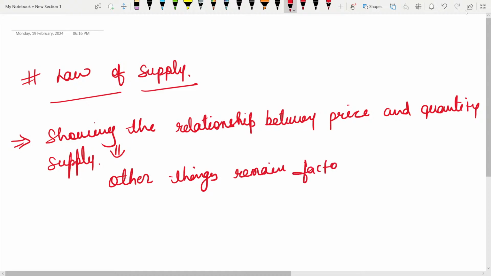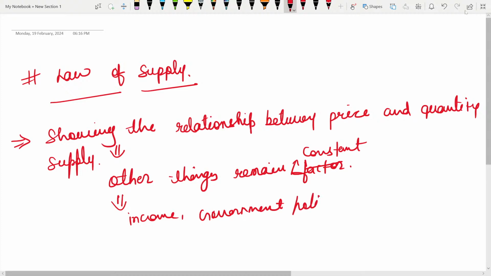If we say other things remain constant, that means things like income, government policy, and other factors like technique and cost of production.